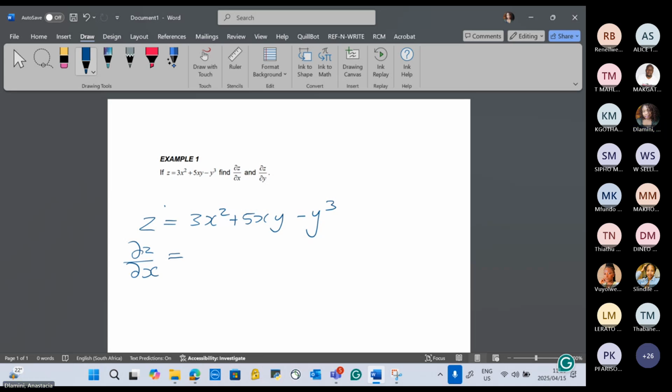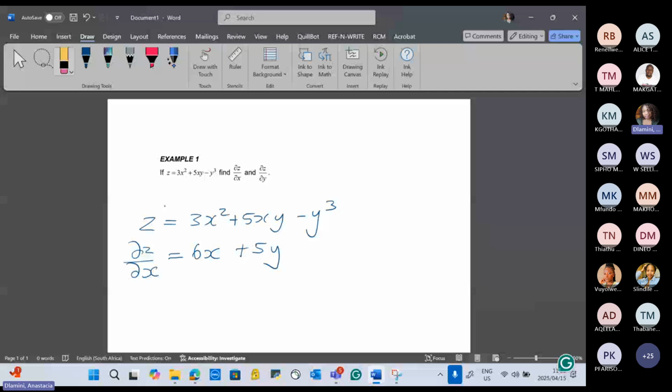Let's try, based on the information given. 6x plus 5y minus y cubed. Y cubed is a constant, so we keep it there. But if y cubed is a constant, shouldn't it be 0? The derivative of a constant is what? It's 0. So this is the answer.